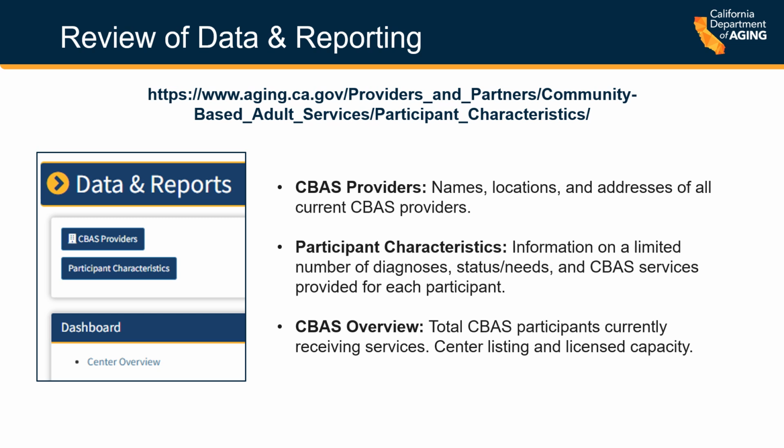Participant characteristics links to the participant characteristics report that includes information on the limited number of diagnoses, status, needs, and CBAS services provided for each participant. The CBAS overview includes how many current participants are receiving services. Again, this is all great information for you to reference when making informed decisions on pursuing a CBAS initial certification.